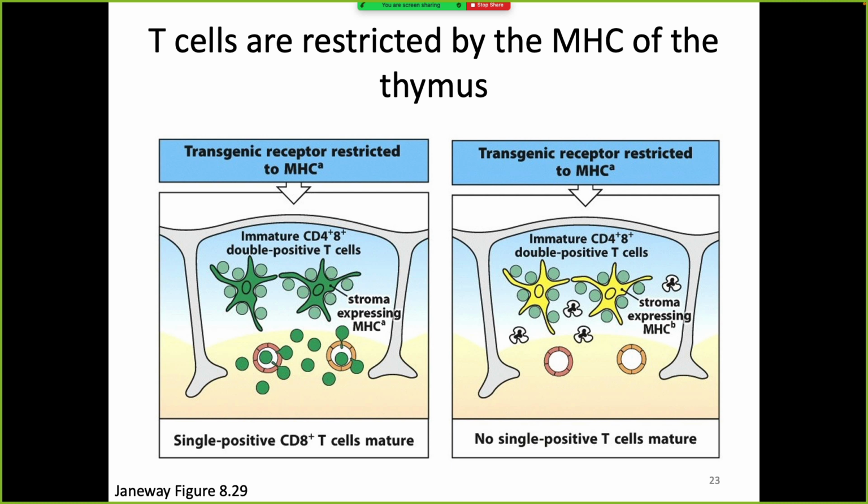And so none of those T cells, when they develop, are going to be able to get a signal. All of them are going to undergo apoptosis. So you aren't going to be able to get any of your single positive cells. And in fact, you're not going to get much in the way of your double positive cells either. You get some double positive cells and then they die. And so this sort of experiment helped them understand that double positives were second and that double negatives were first.